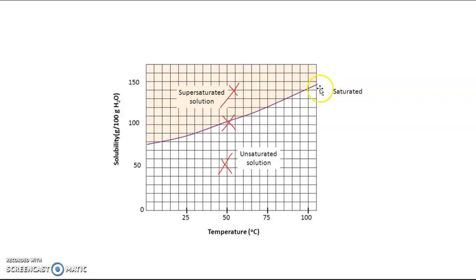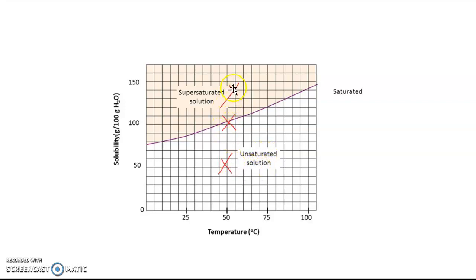These are saturated solutions. The unsaturated solutions are those that are below the curve, and they admit more solute to be dissolved. Then if you add solute and the solution dissolves it, it's because the solution is unsaturated.